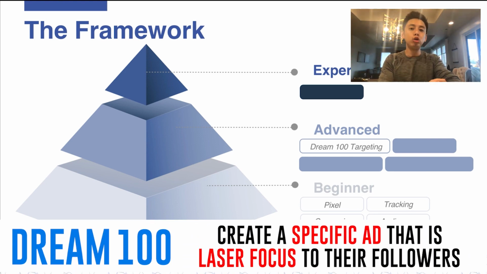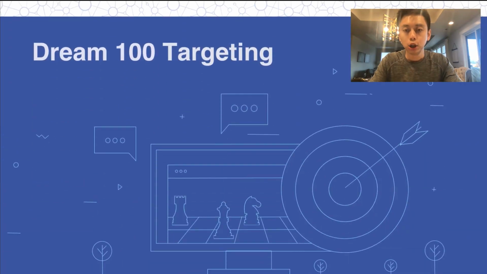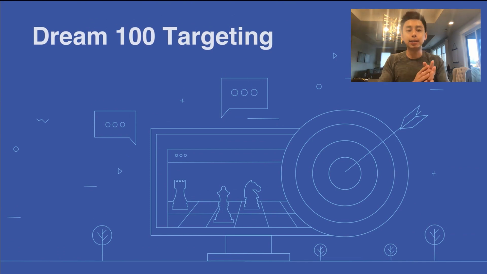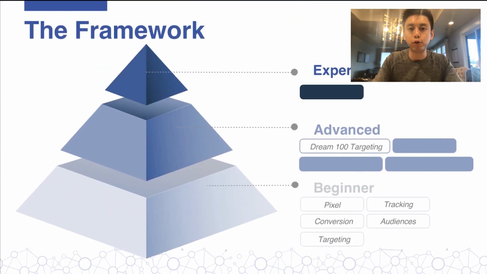And what if you could create a very specific ad that is laser focused on their followers only? So one of the things that I do inside the Dream 100 targeting, to give you context, is this. I believe this terminology was coined by Chet Holmes and then made popular by Russell Brunson and Dana Derricks.